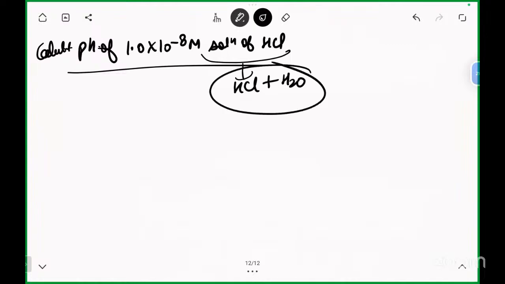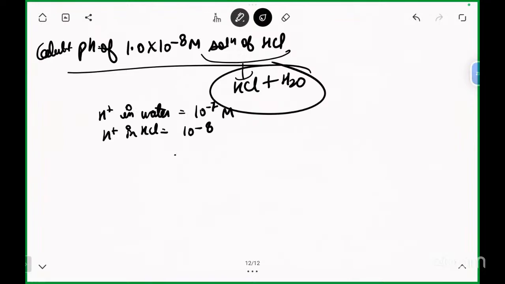And you know that water also contains H positive ions. From the ionic product of water, the value of H positive in water is 10 to the power minus 7 M. And for HCl, H positive is 10 to the power minus 8.